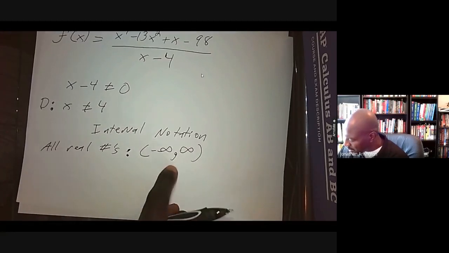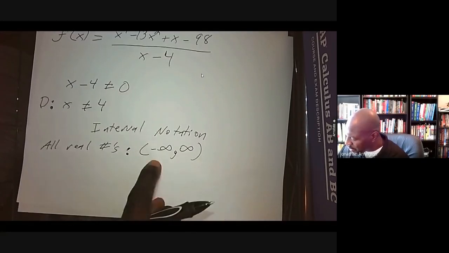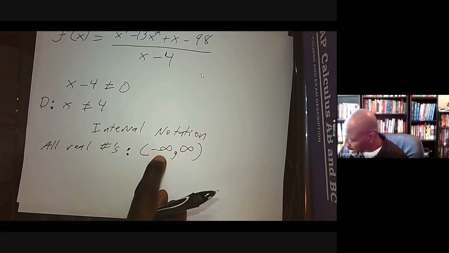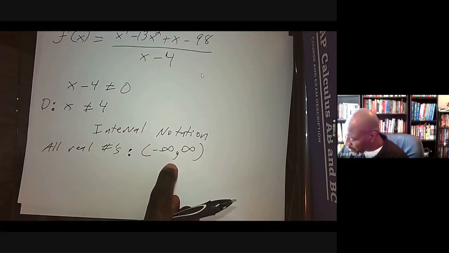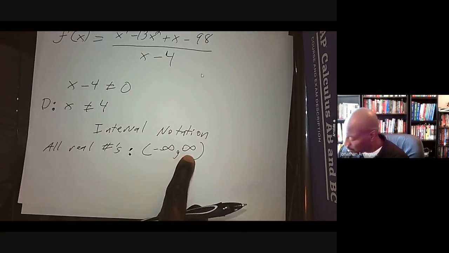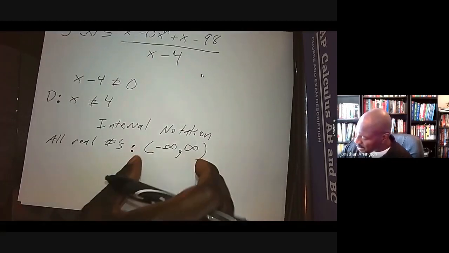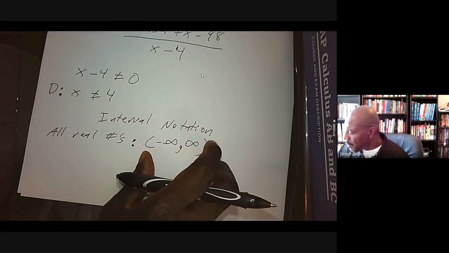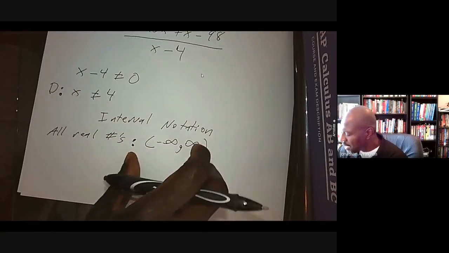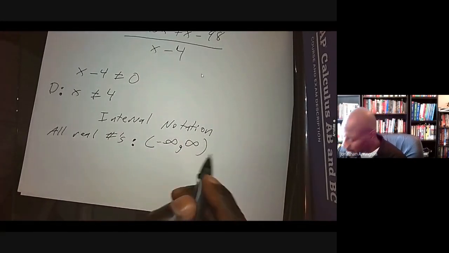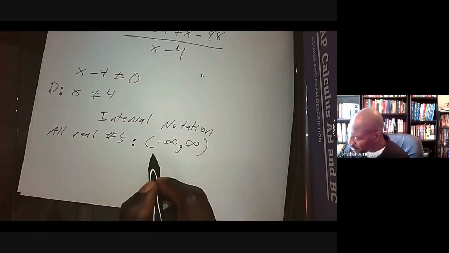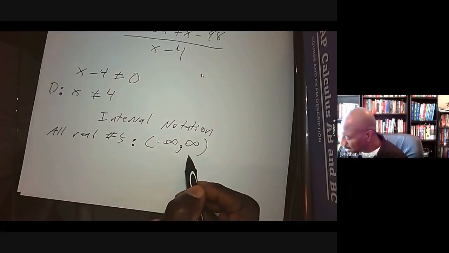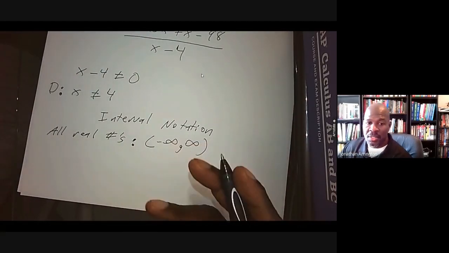So this comma just means going on to this number. So we're going from negative infinity to infinity. That's all real numbers. Parentheses on a finite number means a number is not included. And brackets on a finite number means the number is included. Of course, negative infinity and infinity are not finite, so they always have parentheses on them.